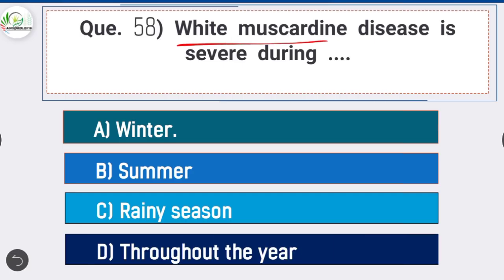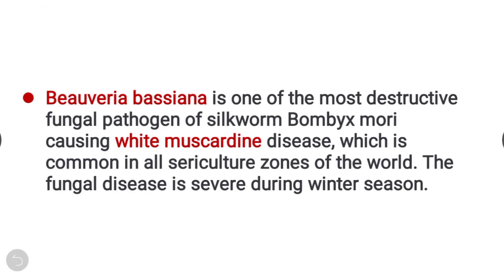White muscardine disease is severe during, and the correct answer is winter. Beauveria bassiana is one of the most destructive fungal pathogens of silkworm Bombyx mori, causing white muscardine disease, which is common in all sericulture zones of the world. The fungal disease is severe during winter season.